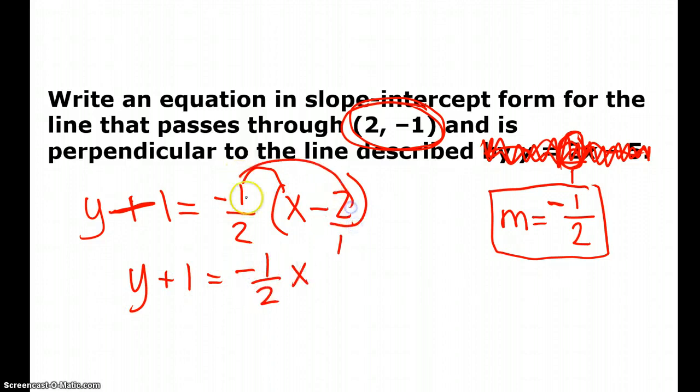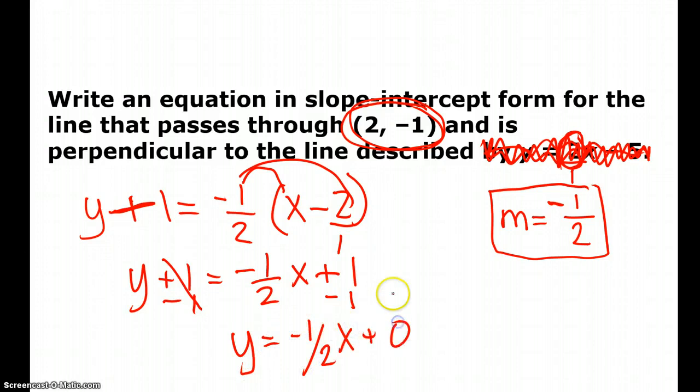I distribute this. Straight across the top is 2, straight across the bottom is 2. So 2 over 2 is 1. Negative times a negative is a positive 1. Minus 1, minus 1. These cancel, and I get y equals negative 1/2 x plus 0. Or you can just leave it as y equals negative 1/2 x. And this is method 1.